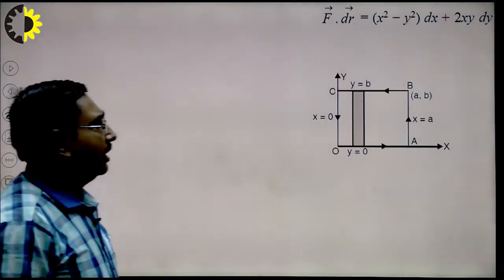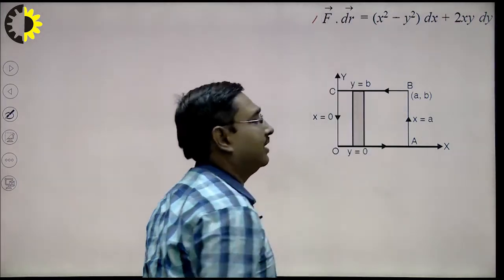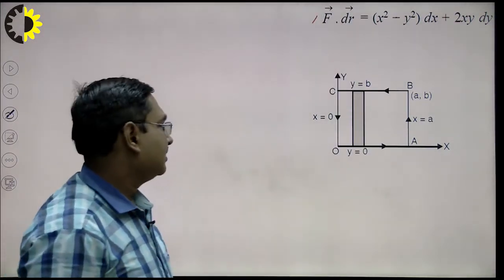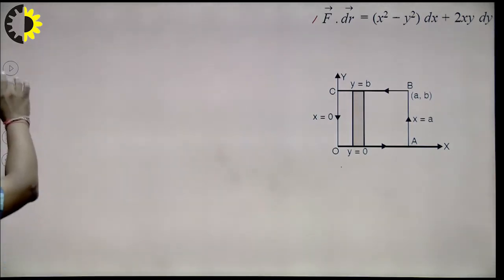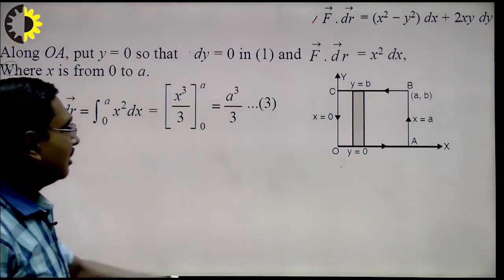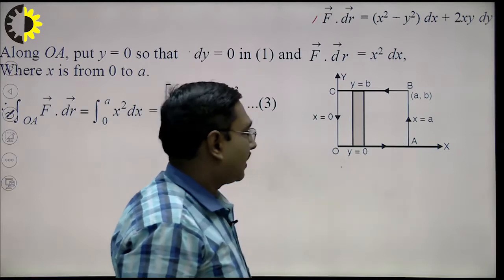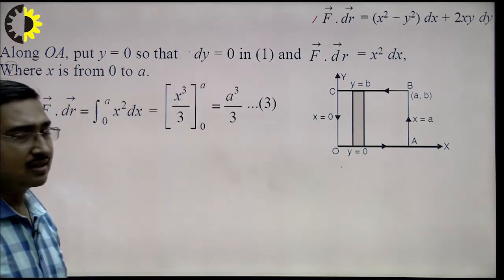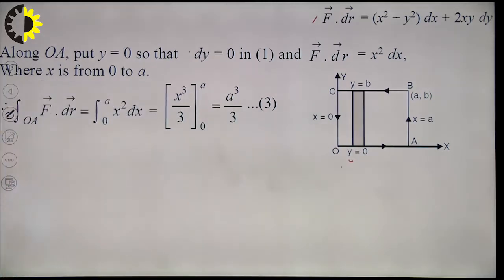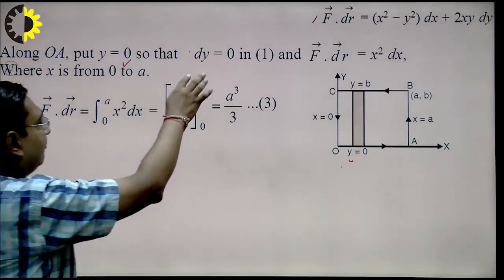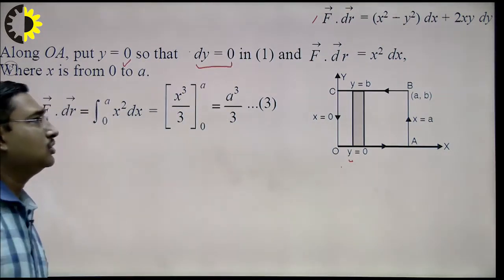Now f dot dr is written again here for reference. This is our curve C, which is a rectangle. This OA is part of the x-axis and its equation is y equal to 0. Therefore, along OA y will be 0. It will give dy equal to 0.